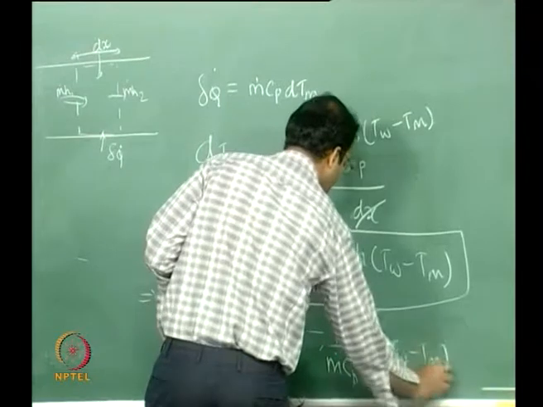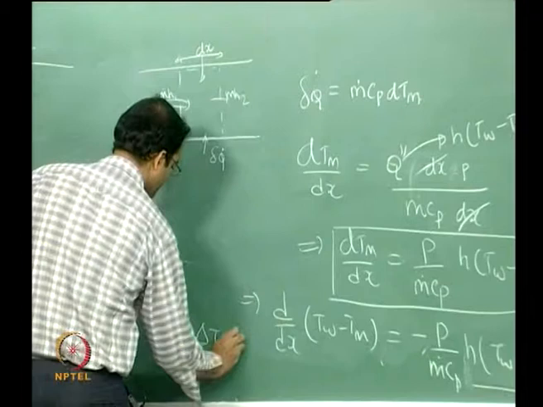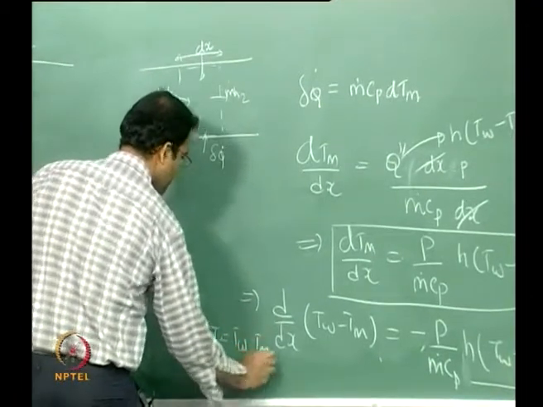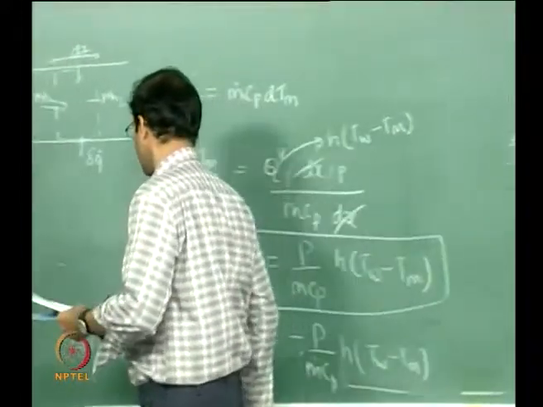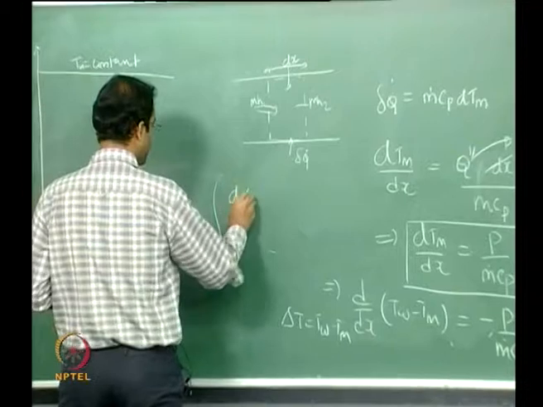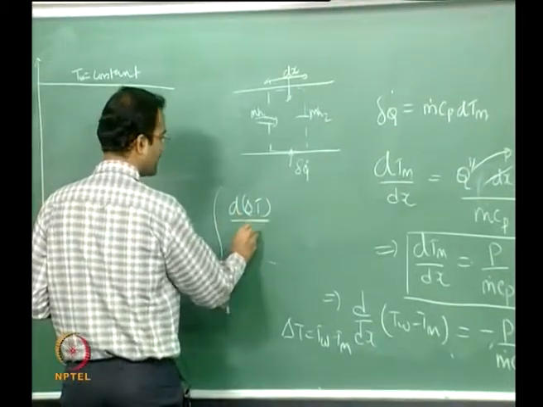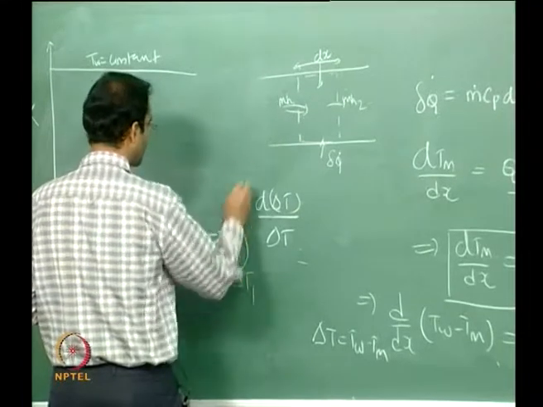Let us call T wall minus Tm as some delta T. With this you can integrate this expression, so this will be d delta T by delta T. You can integrate this from delta T1 to delta T2.